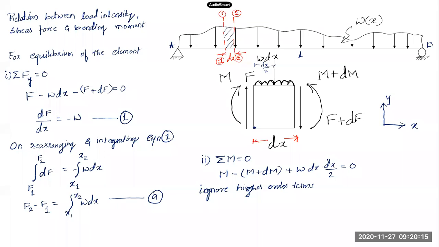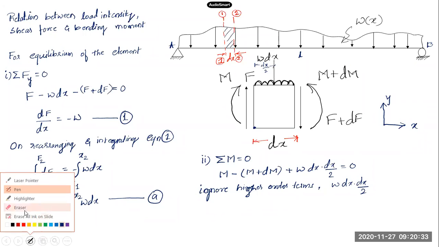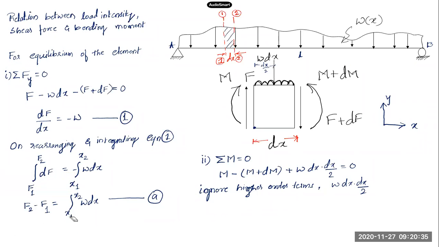That is dx to the power 2, or this entire term, dw into dx into dx by 2, will be ignored. So we'll neglect this. On doing that, in this I missed out the moment due to the shear force here. So one more term I should consider.